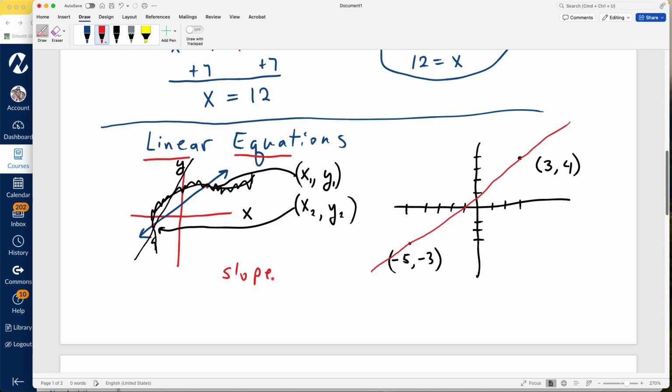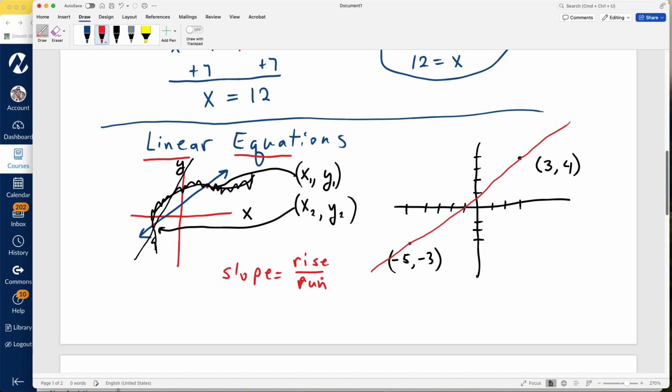What the slope is, it's a ratio of how far up you have to go for every time you go over. So the bigger the number means you go further up for going over. So the bigger the number, the steeper the line. The way we go about measuring that typically is we think of slope as the rise over the run.